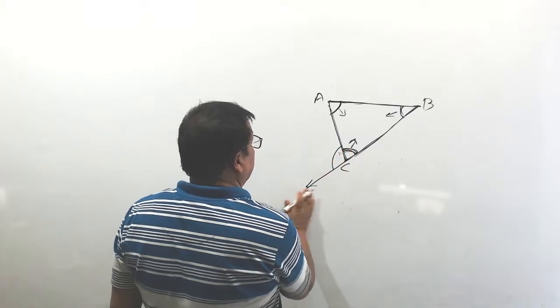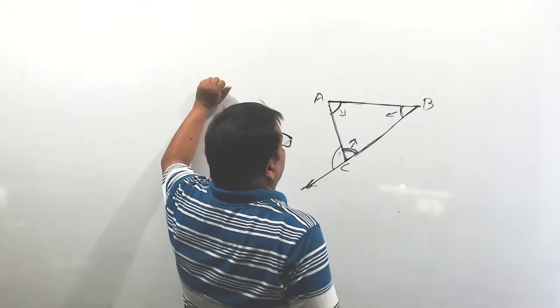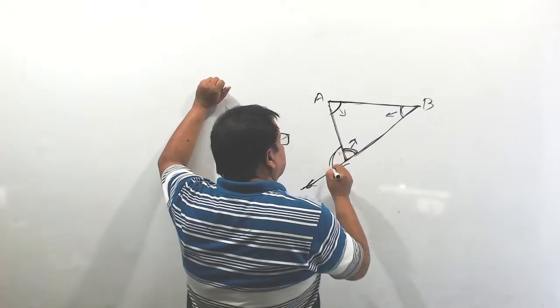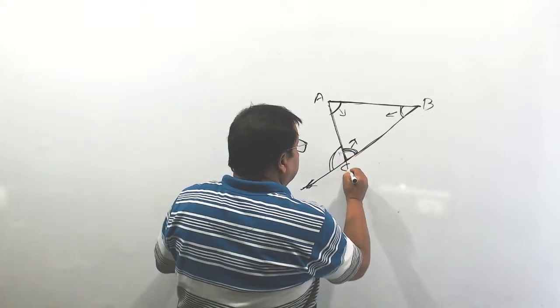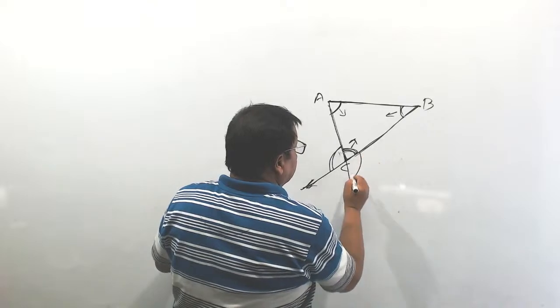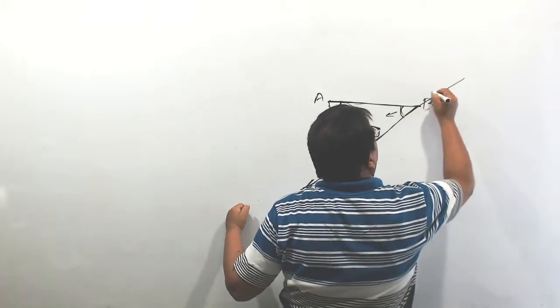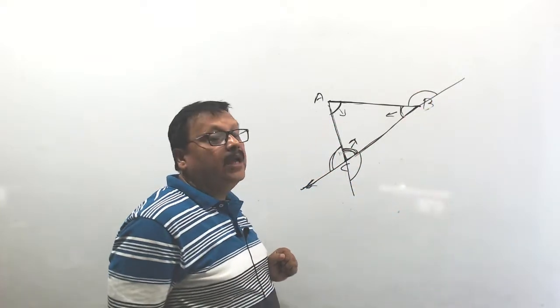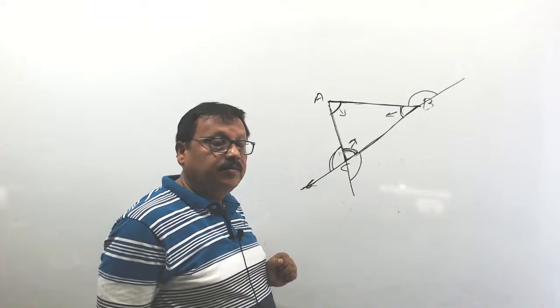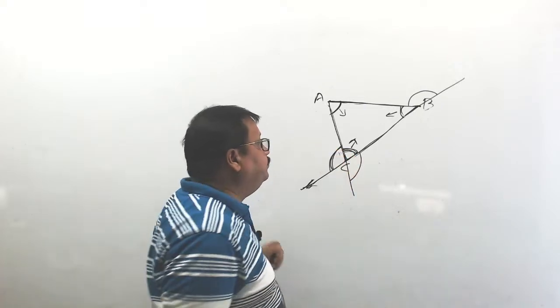Understood? This angle is called an exterior angle. If you extend these lines, you will get one exterior angle each. Understood? Okay.